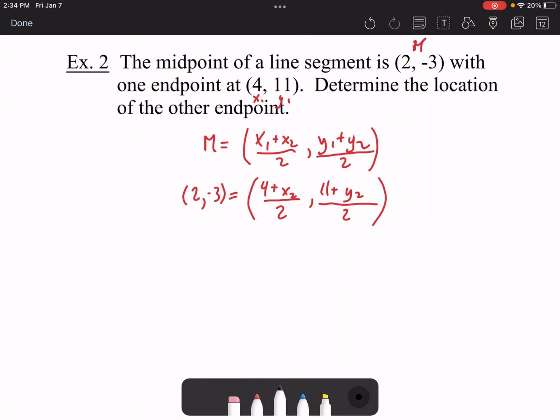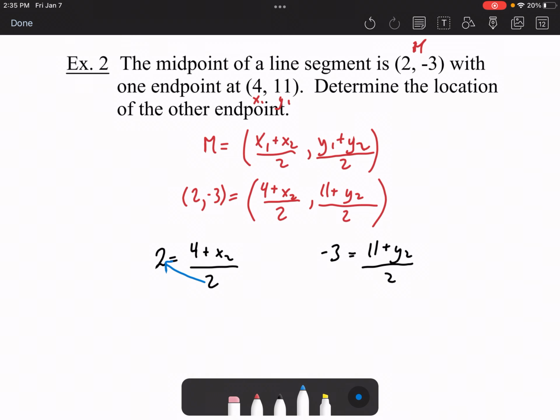Well, what this does is it creates two different equations for us. It tells us that 2 is equal to 4 plus x subscript 2 over 2. And it also tells us negative 3 is equal to 11 plus y subscript 2 over 2. These are two equations that we can actually solve. We've solved equations like this before. Remember we talked about cross multiplication. So 2 times 2 is 4. This is 4 plus x subscript 2.